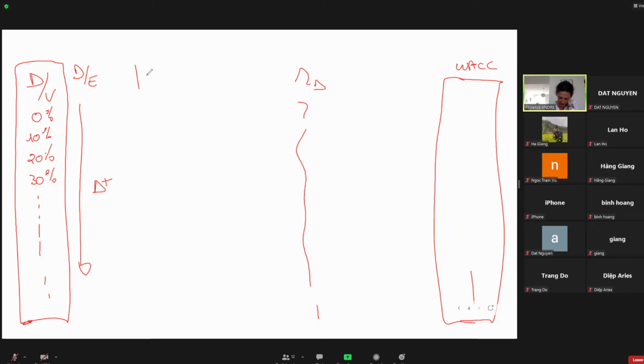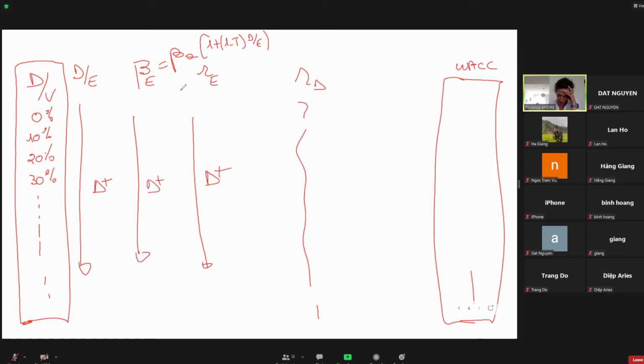Beta of equity will increase, because beta of equity is equal to beta A multiplied by 1 plus 1 minus tau debt over equity. Then RE will increase. But the problem is not for these two components, because it's relatively easy to measure the impact of an increase of the debt ratio. The problem is really for RD.